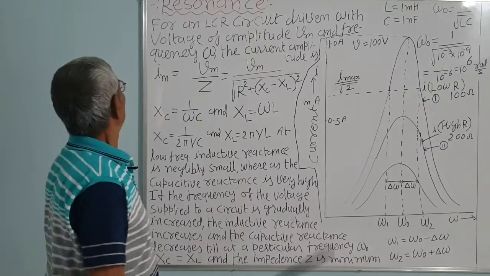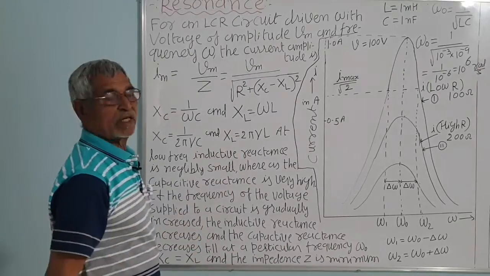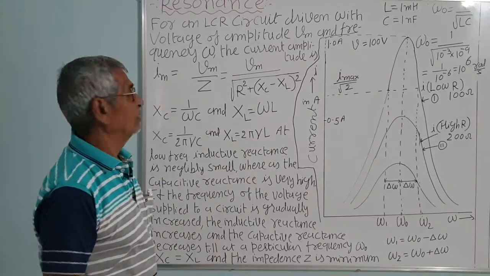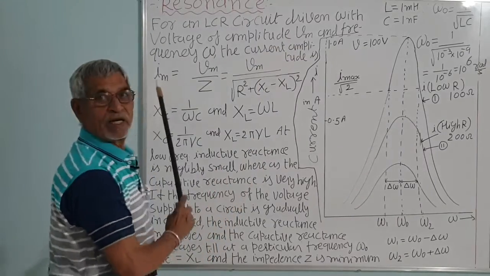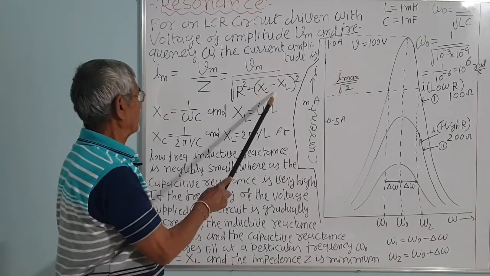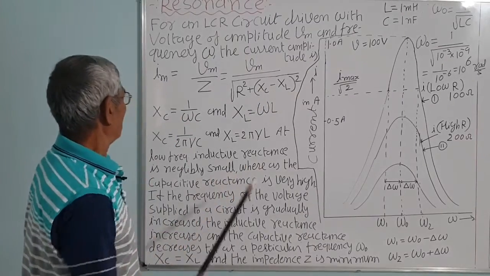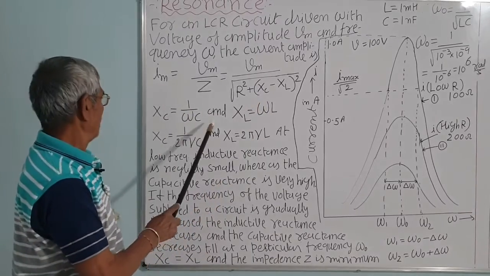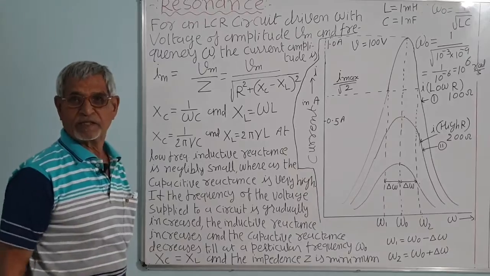Resonance phenomena. For an LCR circuit driven with voltage of amplitude Vm and frequency omega, the current amplitude is given by Im is equal to Vm upon under root R square plus (Xc minus XL) raised to square. Xc is equal to 1 upon omega C, capacitive reactance, and XL is equal to omega L, inductive reactance.